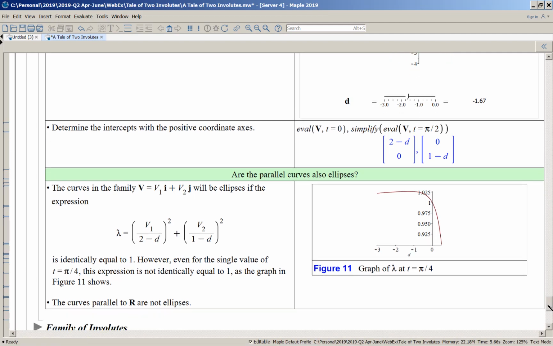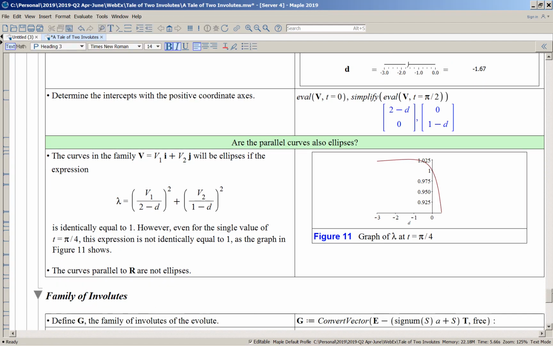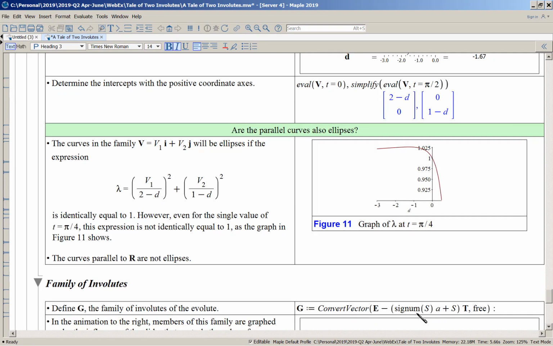So let's look at this family of involutes. E minus S T. But what's going on here? Remember, S was the arc length function that worked. Signum in front of the A that causes us to have a family.